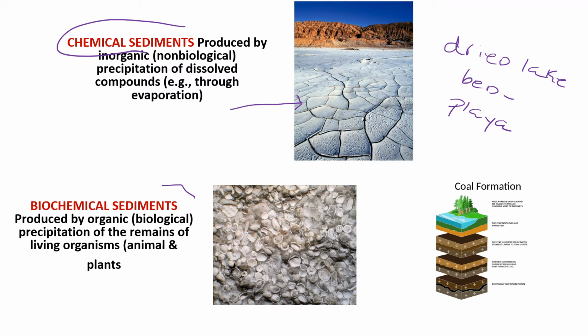These are biochemical sediments. See the little shell fragments in here? Those are from an organism, so biochemical. And then coal is formed from plant material that has become compressed, compacted, and it turns eventually to a rock called coal.